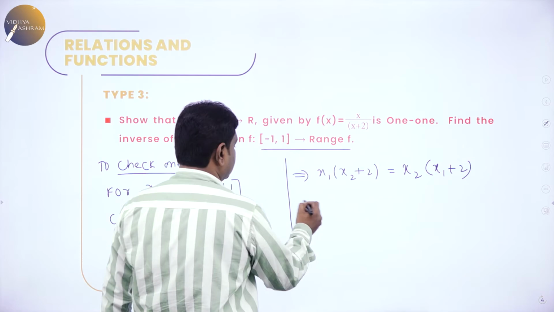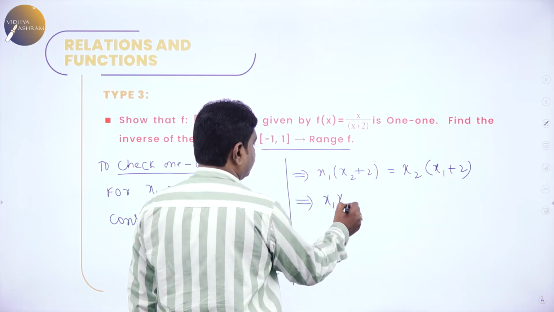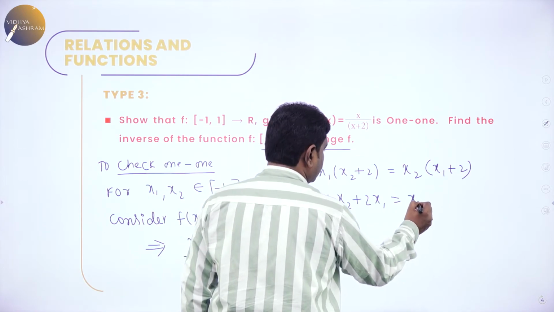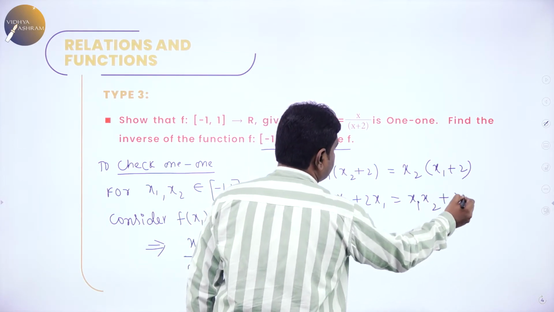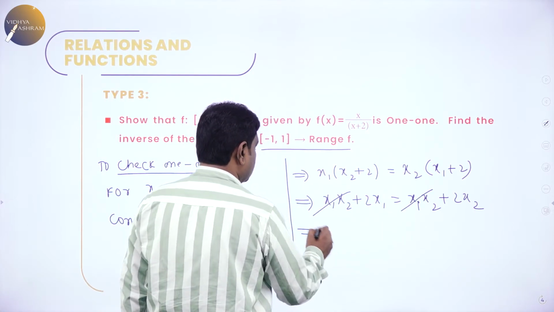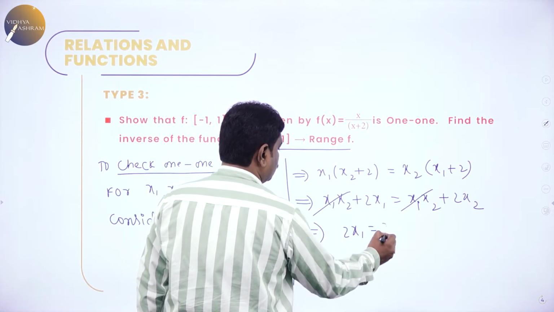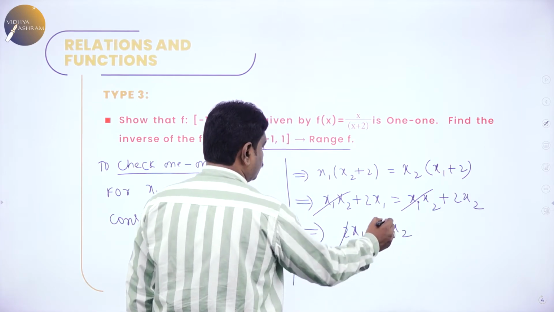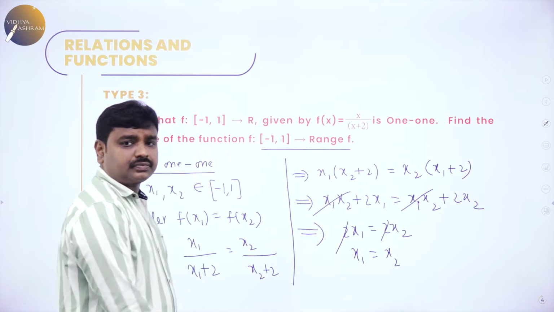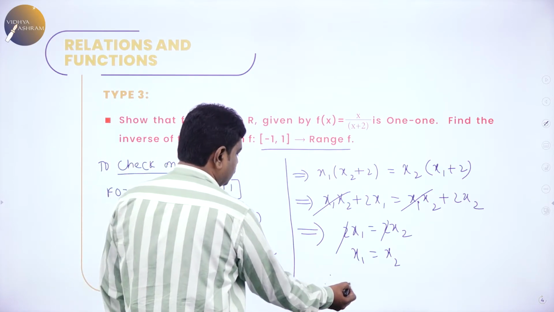Now multiply the terms, we will get x1 x2 plus 2 x1 is equal to x2 x1 plus 2 x2. x1 x2 cancels. Further 2 x1 is equal to 2 x2. Again 2 cancels. So we got x1 equal to x2. Therefore f is 1-1.